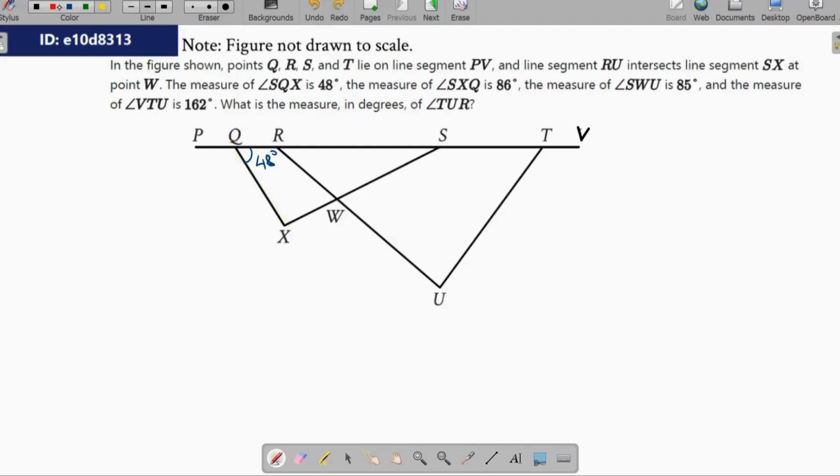The other information given is that the angle SXQ is 86 degrees, and the angle SWU is going to be 85 degrees.